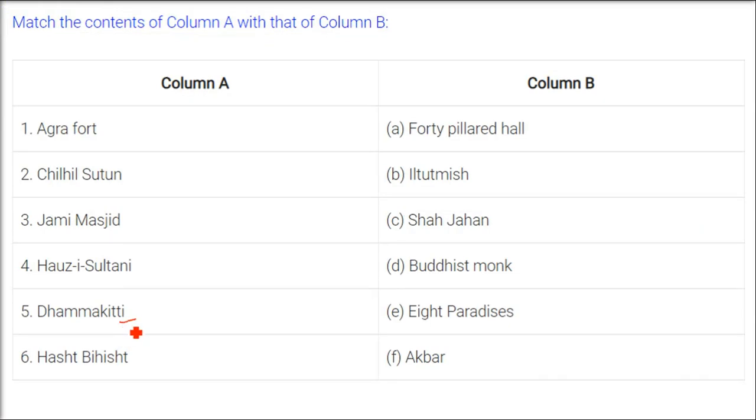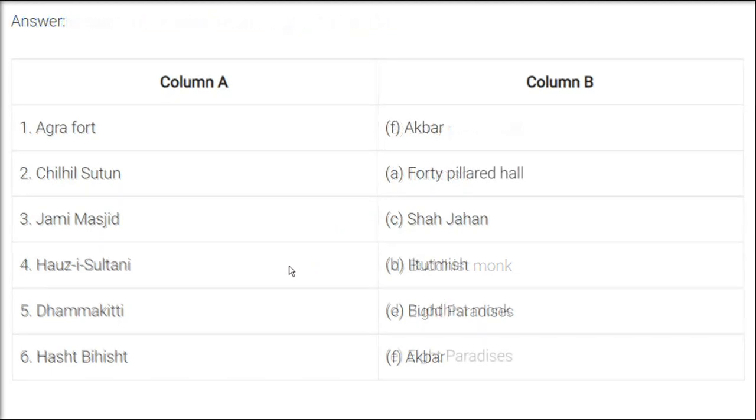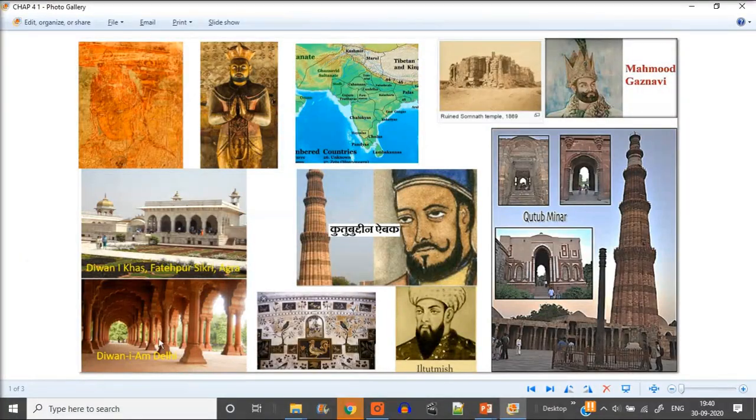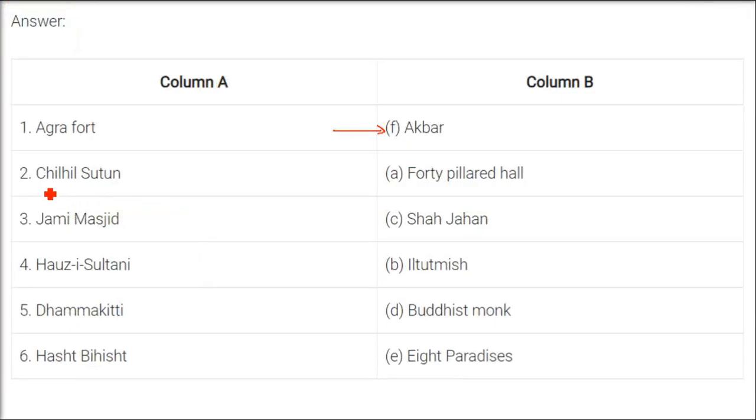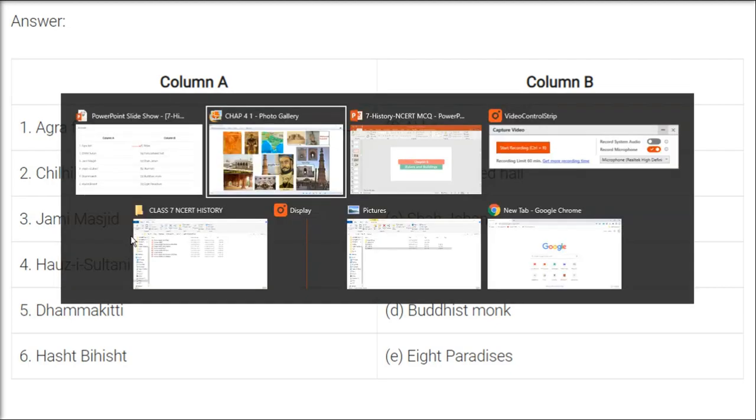And then Hasht Bihasht, 40 pillared hall, Jama Masjid. Jama Masjid is directly related to what is being seen here. Let me combine it together. We have Jama Masjid, and the 40 pillar hall I also showed you. The Agra fort is of Akbar, and Chihil Sutun is the 40 pillared hall.